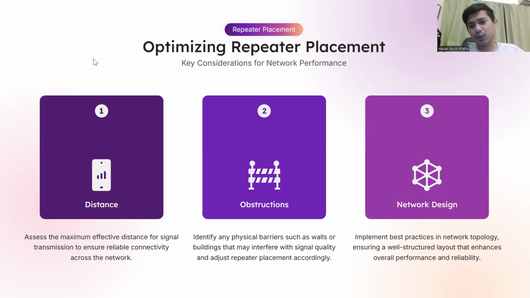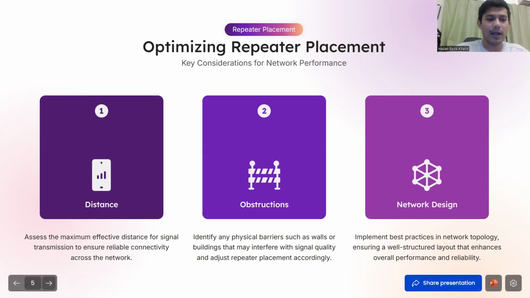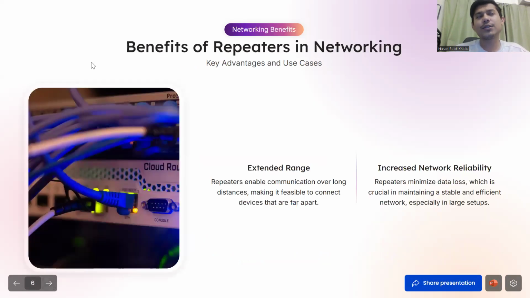And in case of network design, there are a lot of different topologies. We need to understand and make it well structured to connect with the repeater and get the highest result from the repeater. And then let's talk about some benefits of repeaters in networking.